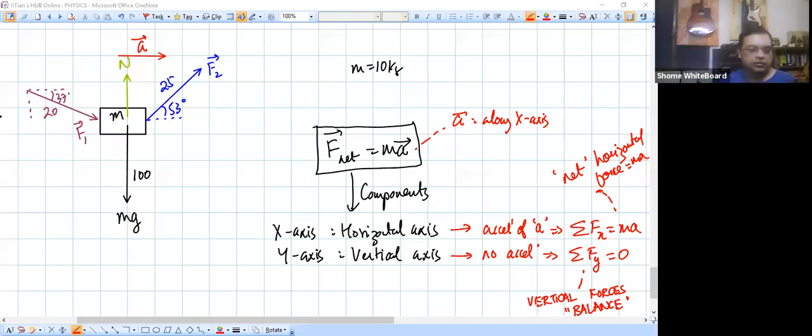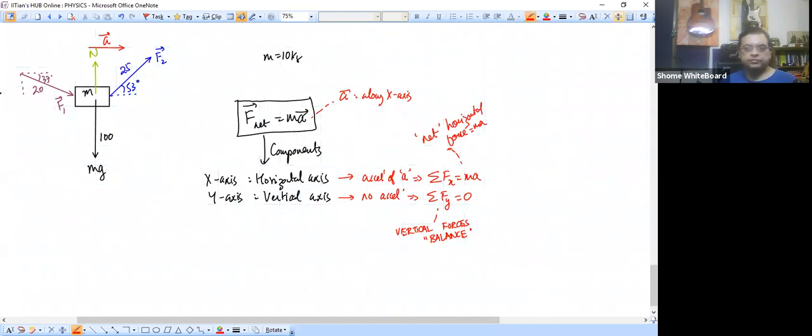Just a minute, I'm resharing the screen. Okay. So now next thing what we need to do is we need to find out this equation separately.